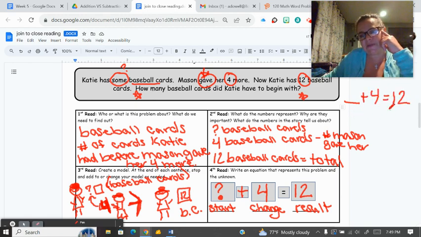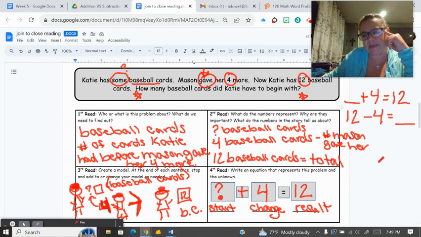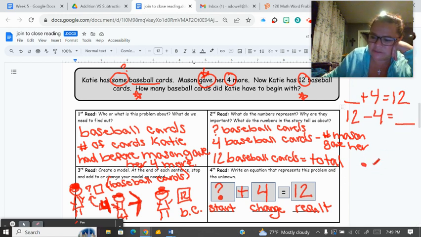I can use my fact families and go 12 minus 4 gives me my blank. So if I have 12, here's 1, 2, 3, 4, 5, 6, 7, 8, 9, 10, 11, 12. So there's my 10 and 2. And then I take out 4. 1, 2, 3, 4. How many do I have left?